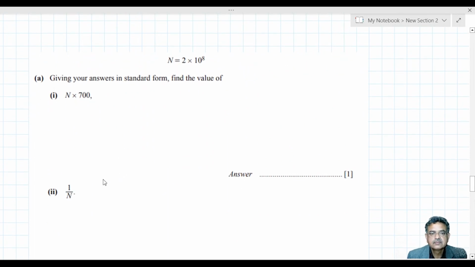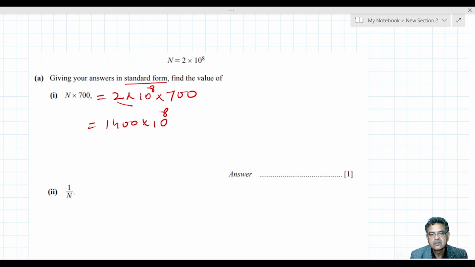Okay, now n is given and n multiplied by 700 is asked. 2 multiplied by 10 power 8. This is n into 700. And we have to give the answer in standard form. That will be 1400 into 10 power 8.